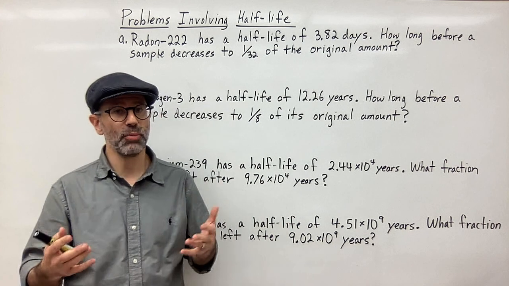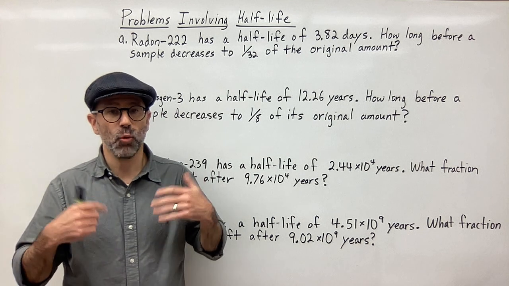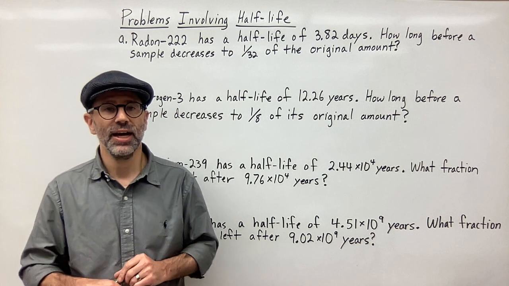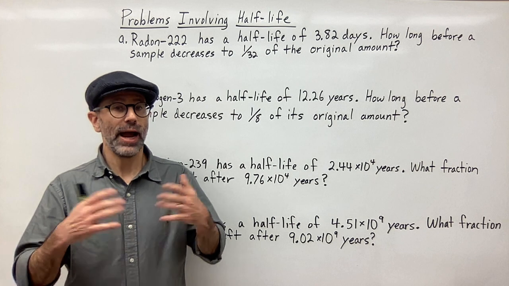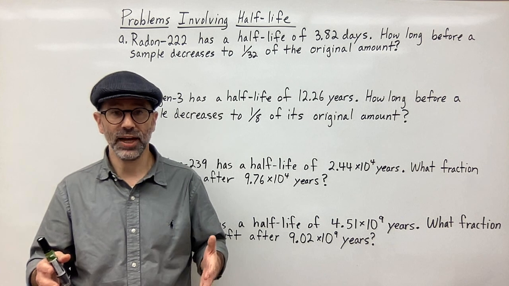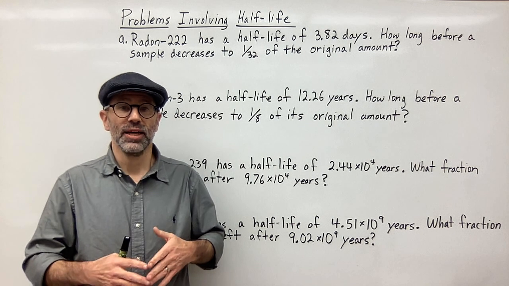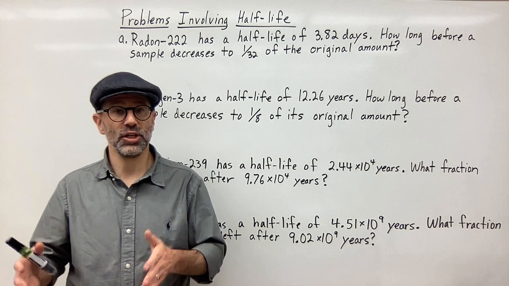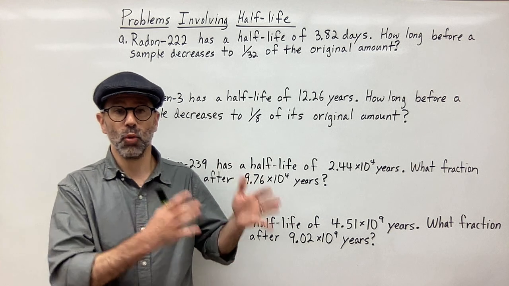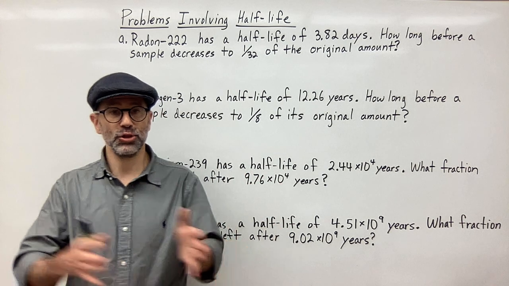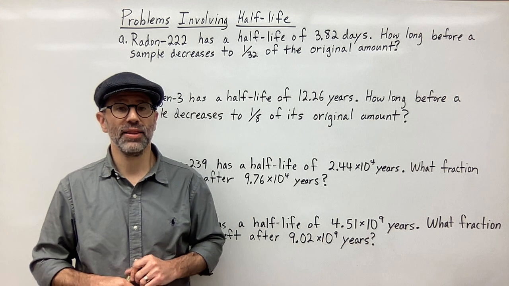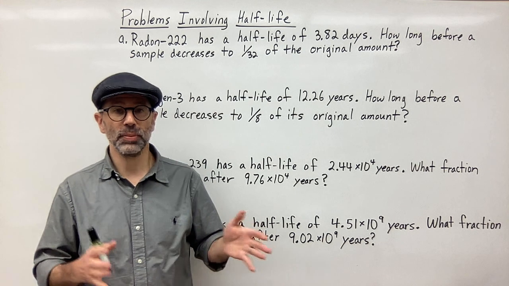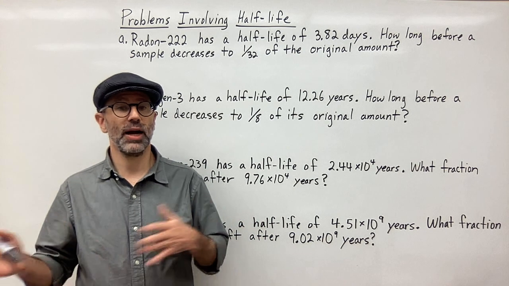Here it's really important to understand the definition of half-life. A half-life is the amount of time it takes for half of your sample to decay. So if you know that you're going through a certain number of half-lives to get from one amount of the sample to the ending amount, then you would either multiply or divide by two, depending on which way you're going.